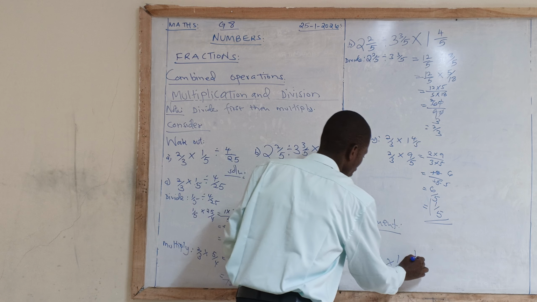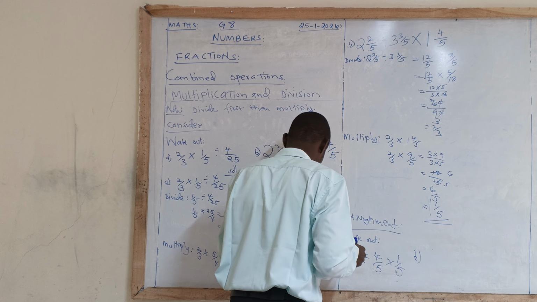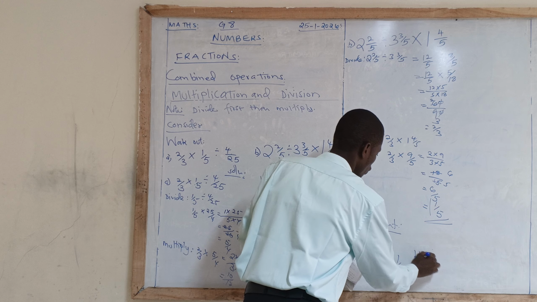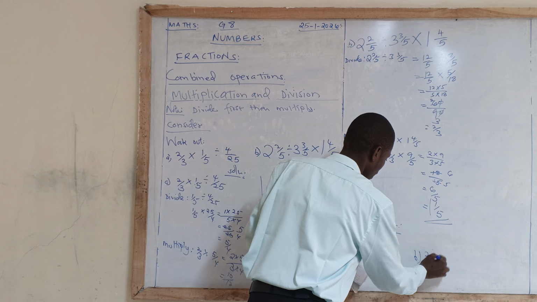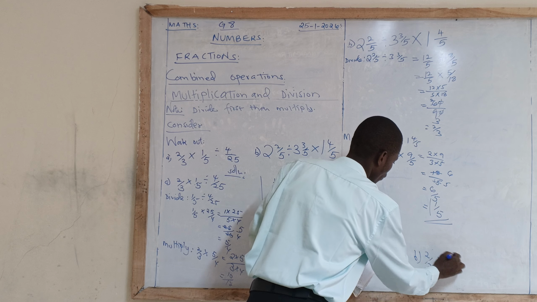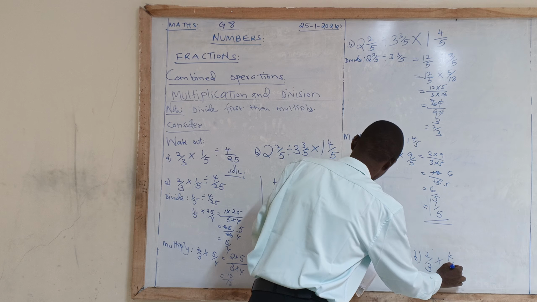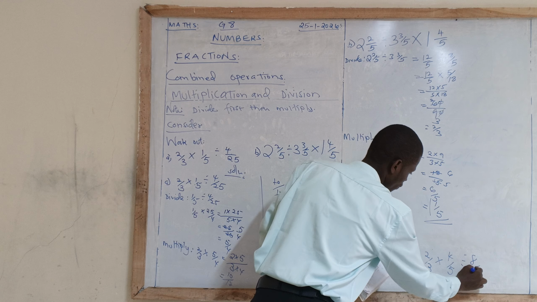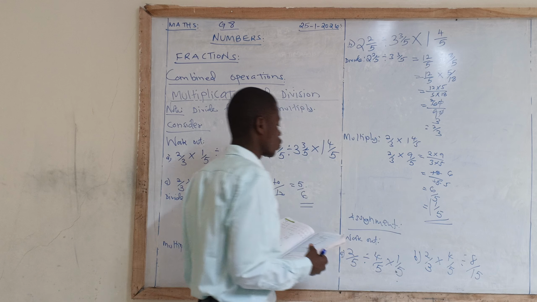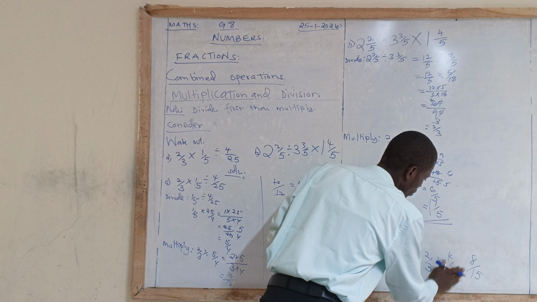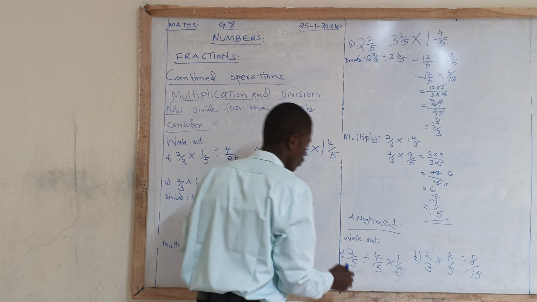Then B, we have 2 over 3 times 4 over 5 divided by 8 over 15. 2 over 3 times 4 over 5 divided by, so this now divided by 8 over 15.